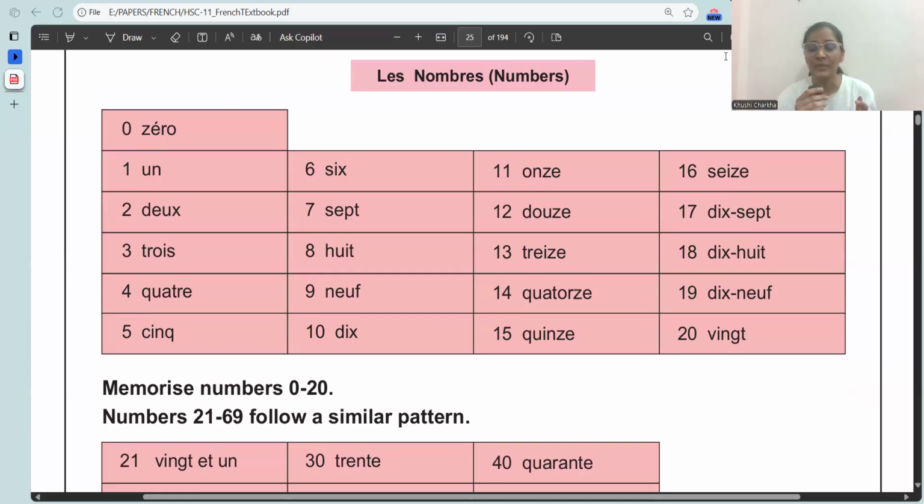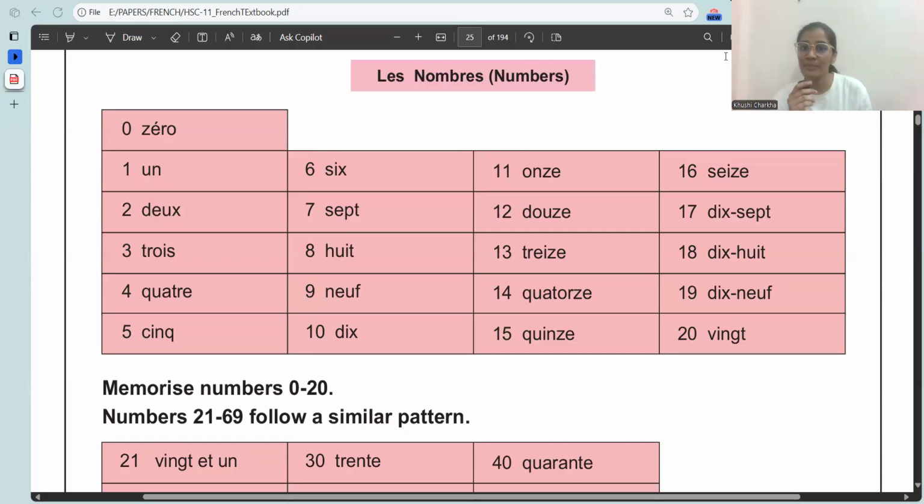Okay. 0, 1, 2, 3, 4, 5, 6, 7, 8, 9, 10. Again, 0 to 10.